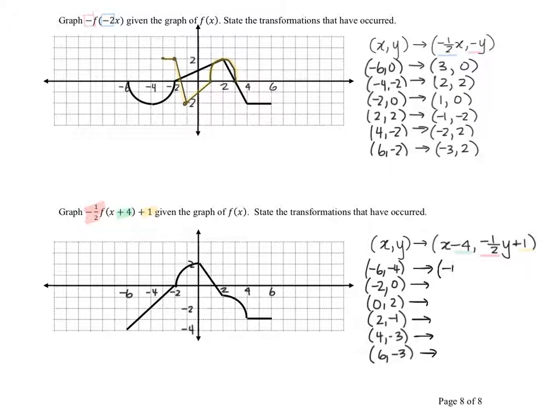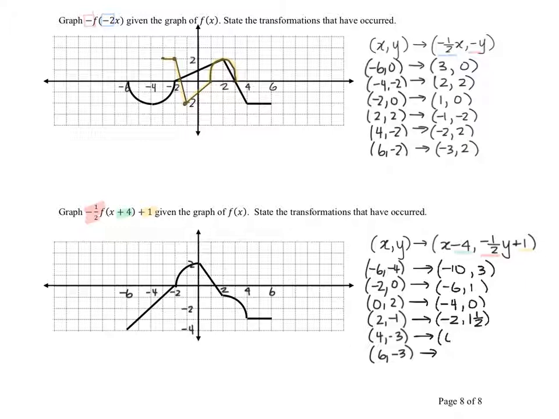So we have (-10, 3), this is going to be 2 plus 1, 3. Okay. (-6, 1), (-4, -1 plus 1), so that's going to be 0. We have (-2, half plus 1), so 1.5.